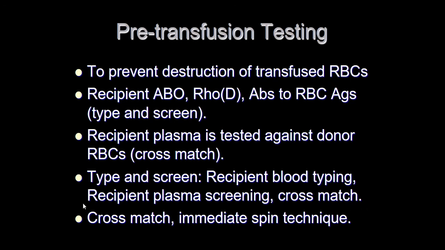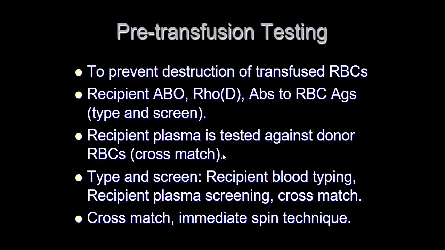So remember, what do we mean by the cross match? Another name for it is the immediate spin technique. So the cross match simply here is the recipient plasma. We add on those the donor red blood cells.